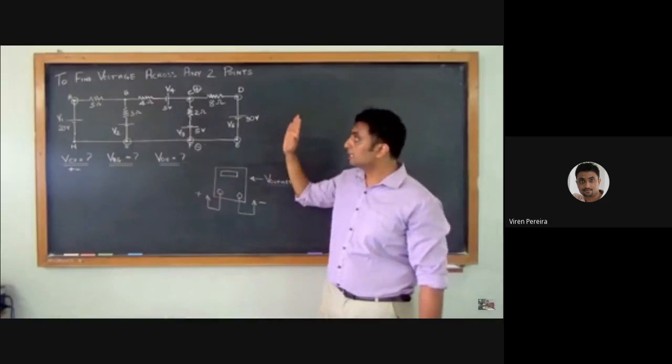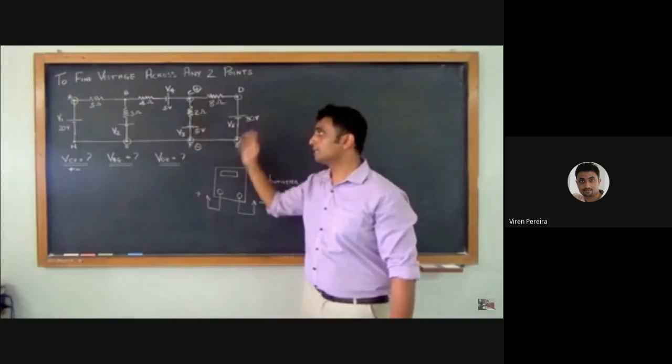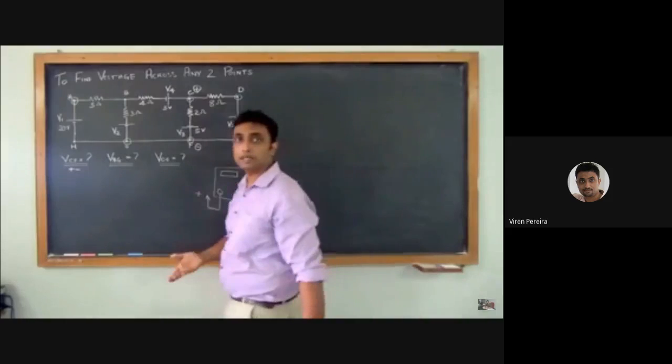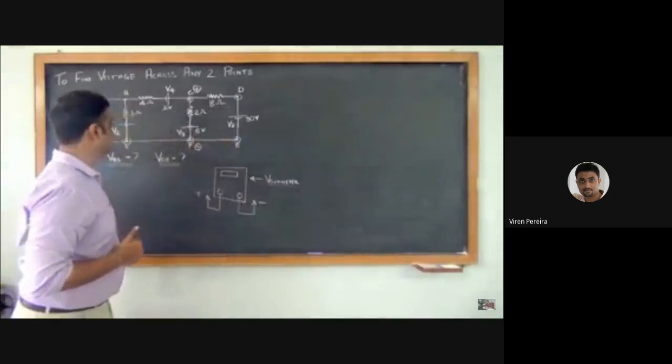So you can take either the shortest path or the longest path, you will get the same answer. So better is to take the shortest path to solve it quickly.